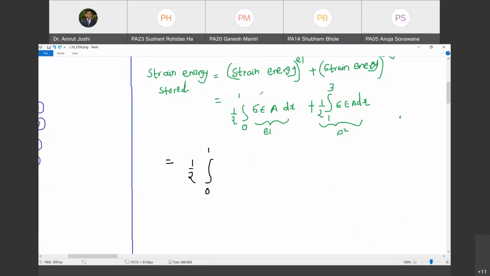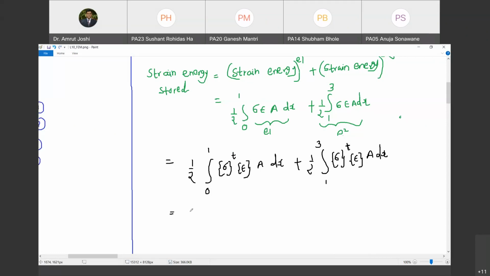If you remember in last class, in matrix form, it was sigma transpose epsilon A dx plus half integration 1 to 3. If you refer to last class notes, you will understand why transpose needs to be taken so that the matrix multiplication is possible. Sigma transpose epsilon A dx. This is for element number 1. This is for element number 2.